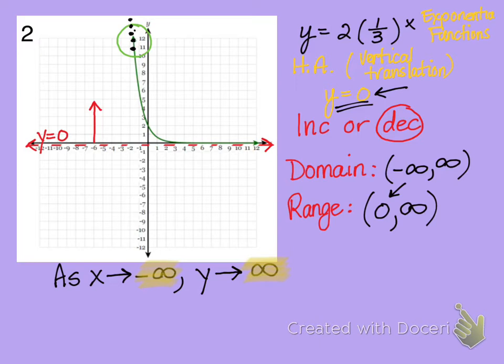Let's do it for the next one. Since I already see the pattern of how my end behavior is written, I'm going to write: as x approaches blank, y approaches blank. In my blank spots, I just put what the x is and what the y is.